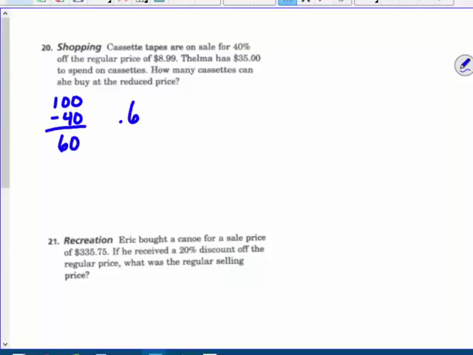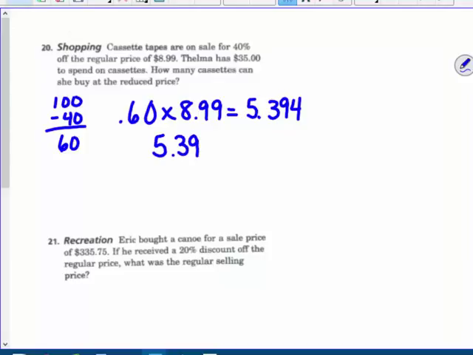So I know she's going to be paying 6/10 or 60 hundredths times that $8.99 to get the cost of one cassette. And that comes out to be 5.394, which I'm going to round to $5.39 each. That's what each cassette is going to cost.